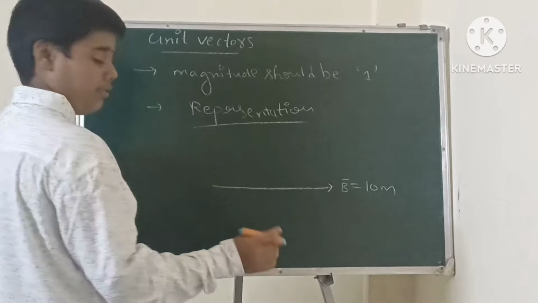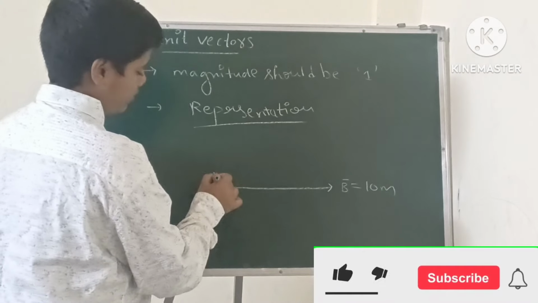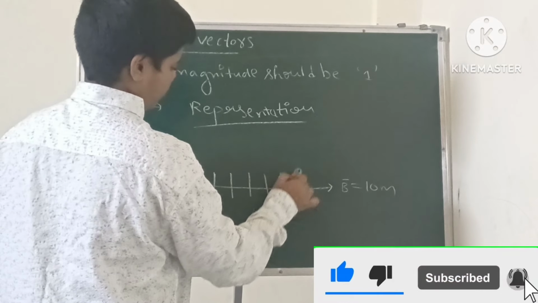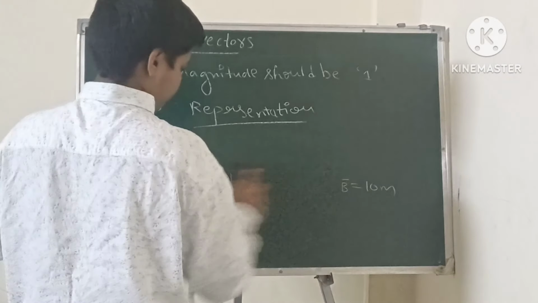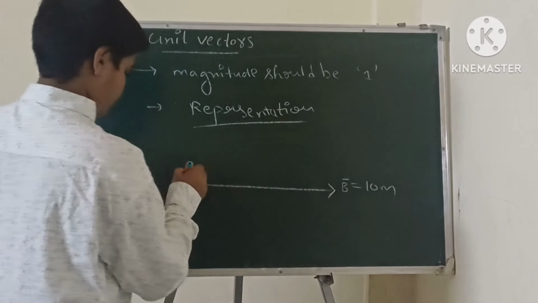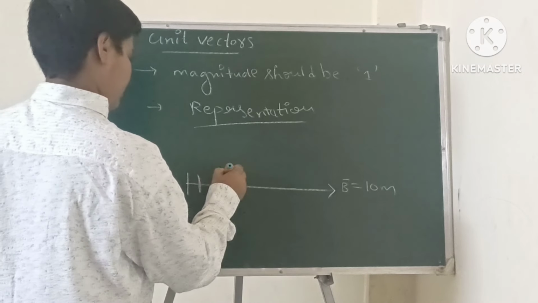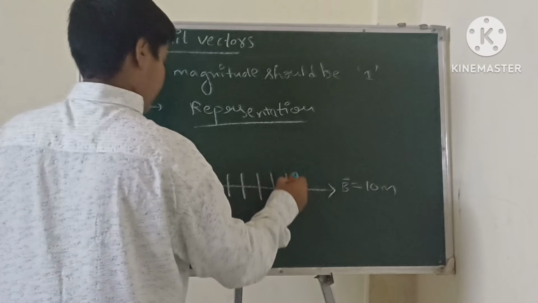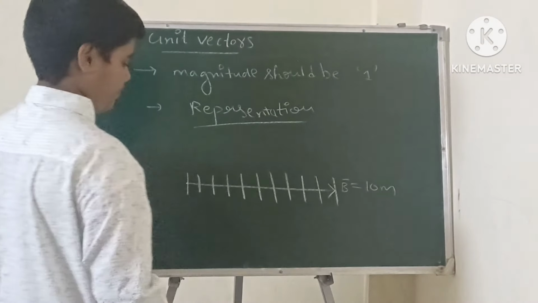So we have to divide this vector into 10 parts. One, 2, 3, 4, 5, 6, 7, 8, 9, 10.